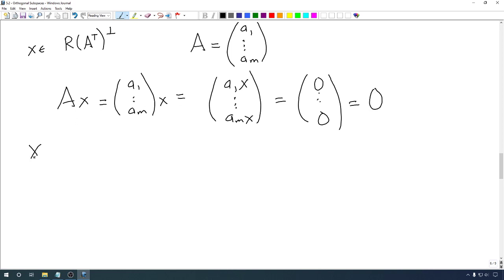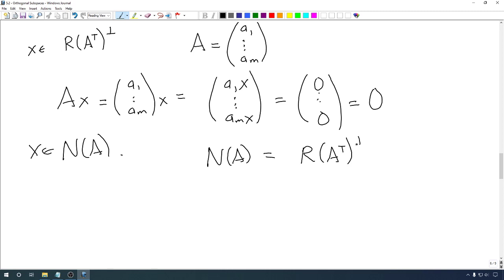That means that x has to be in the null space of A. So now we've shown that not only is everything in the null space orthogonal to the row space, but in fact everything that is orthogonal to the row space is in the null space. So the null space is in fact the entire orthogonal complement of the row space.